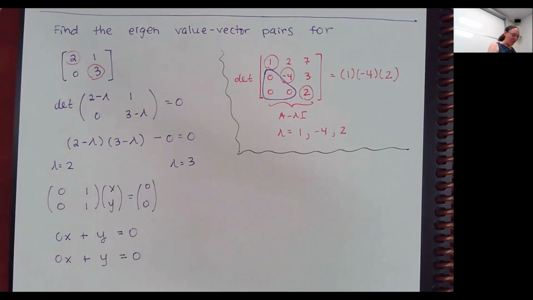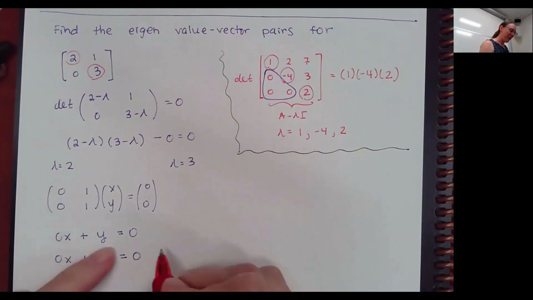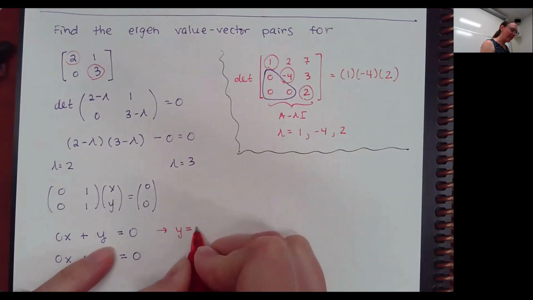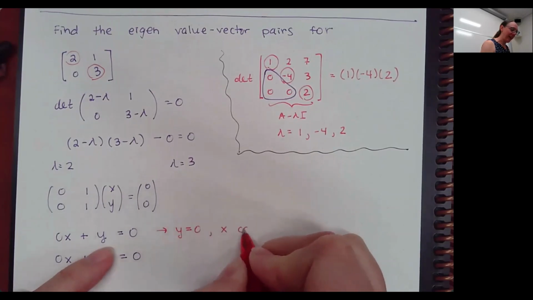Well, we got the same thing for both rows. That's good. We should only be seeing one piece of information. Now I claim, and I hope to convince you, that this bottom row is telling me that y is equal to 0, but x can have any value.